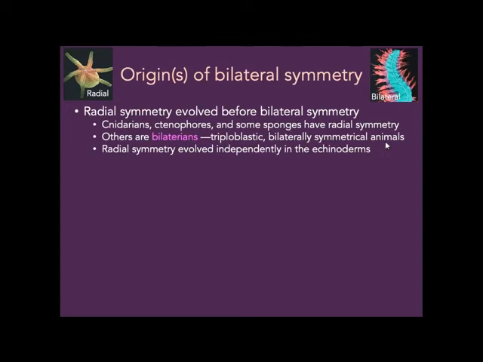There are some animals within this clade that have radial symmetry, and that would be the echinoderms, like the sea stars and the sea urchins and stuff. But we think that the radial symmetry in that lineage evolved independently later. It is interesting, though, that we tend to think of cnidarians as having radial symmetry. However, they have some components of bilateral symmetry if you look at their internal organs.